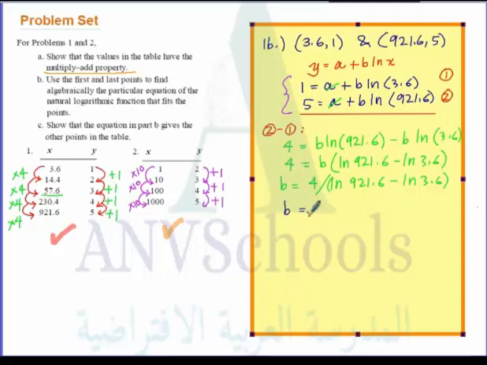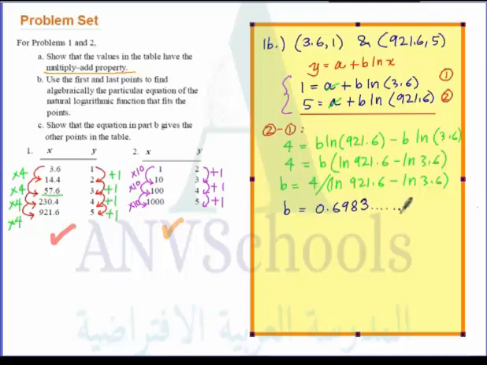Let us use the calculator now: 4 divided by ln of 921.6 minus ln of 3.6. So this will give me 0.6983.